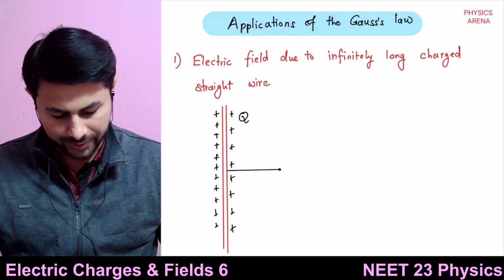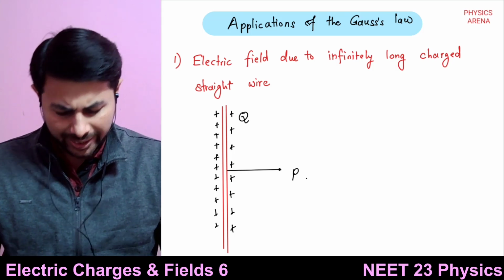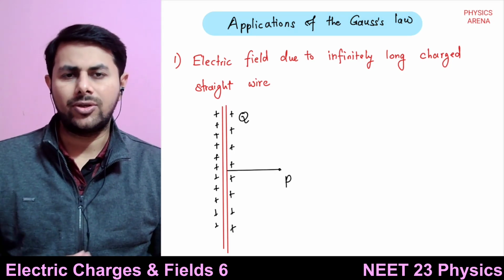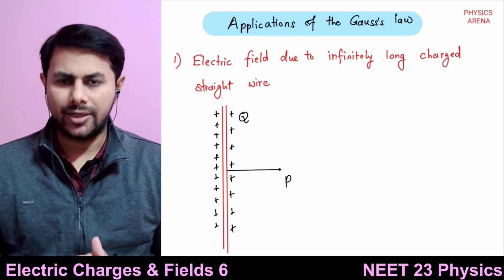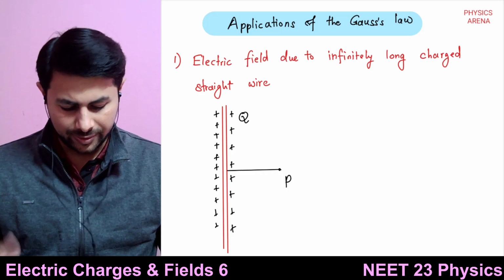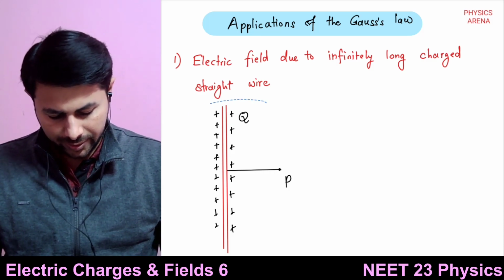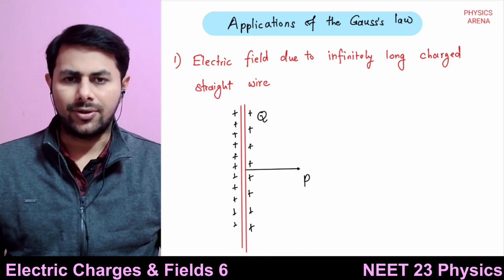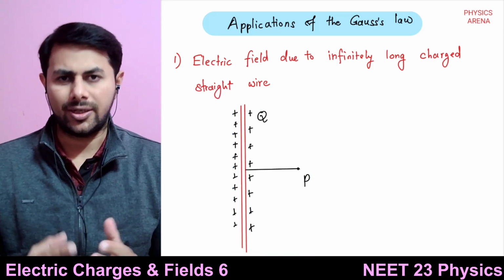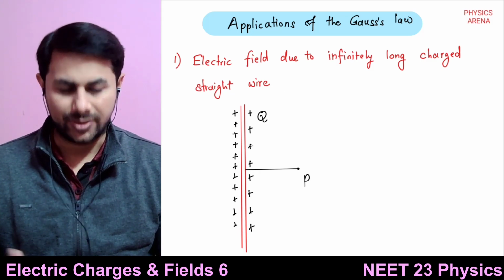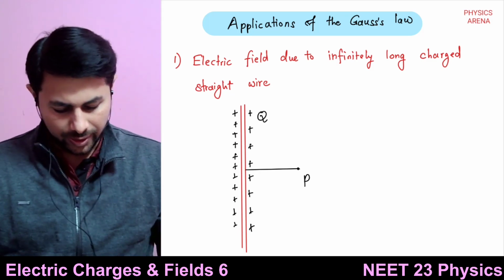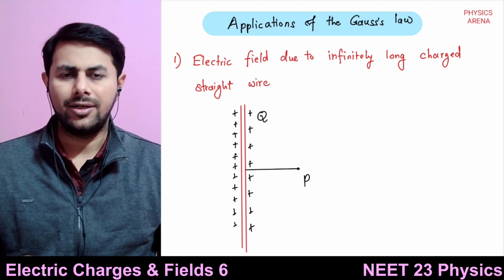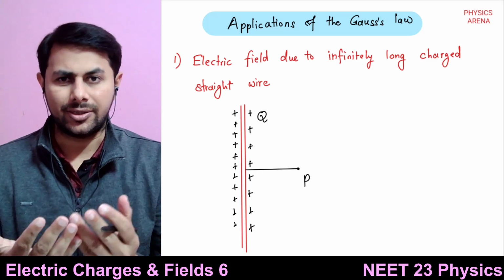So how do I proceed? We'll make use of Gauss's law to find out the electric field. See how. To apply Gauss's law, we draw a closed surface known as a Gaussian surface. Here the symmetry of this wire tells us that the Gaussian surface has to be a cylinder.